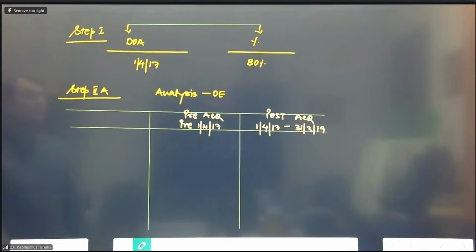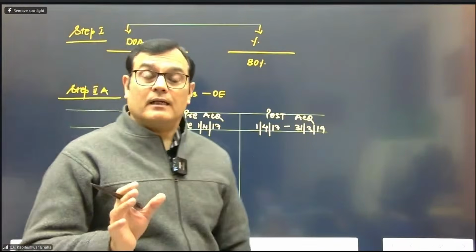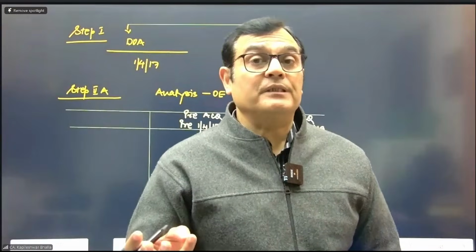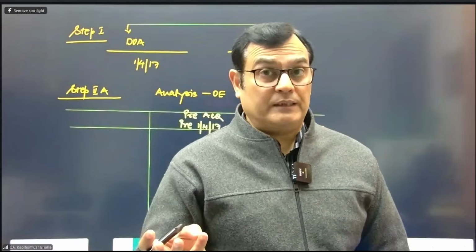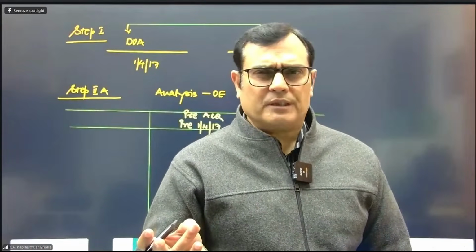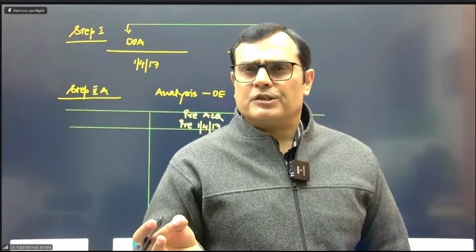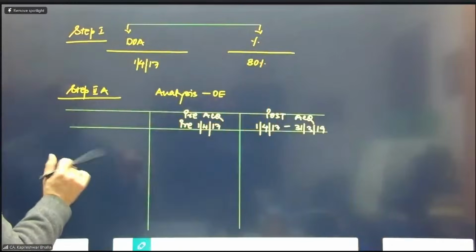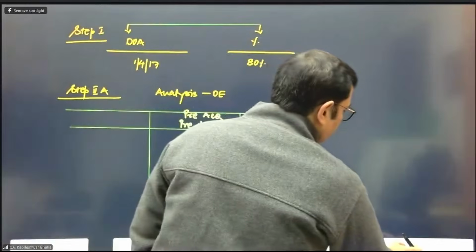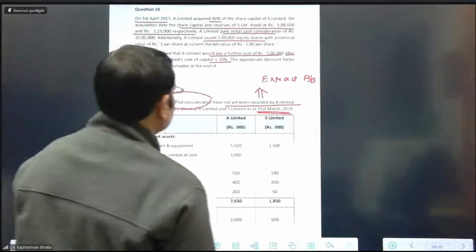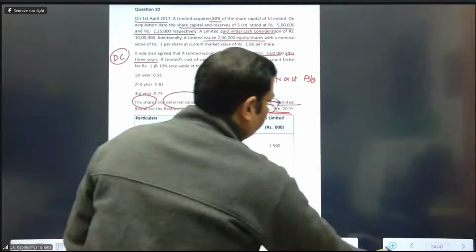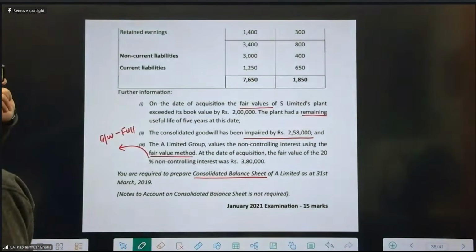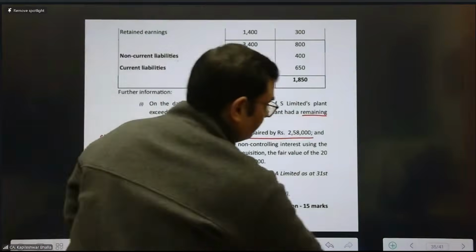Now we know that when we do the analysis of equity, again, there are a total of 3 focus points. So first we're going to pick up the other equity of the subsidiary. Then I think there is no stock reserve which is given, and there is fair value adjustments. I think only one fair value adjustment is given. So let's go back to the balance sheet of the subsidiary. In the balance sheet of the subsidiary, the retained earnings is appearing at 300.